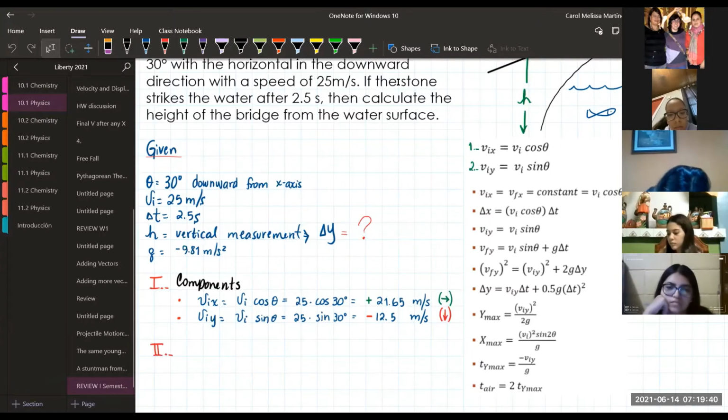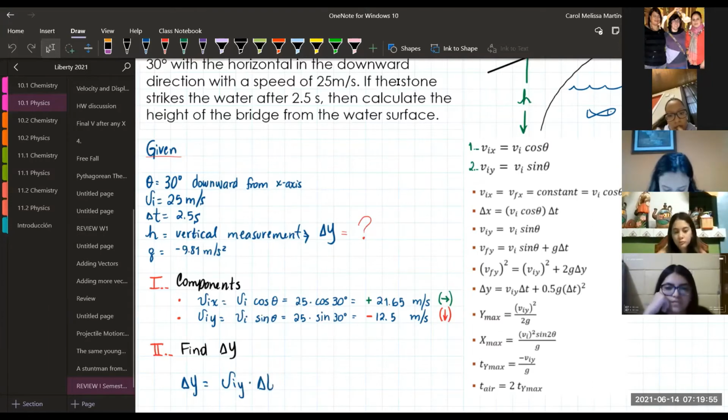So I'm going to find delta y, and the equation for delta y is delta y equals initial velocity in y times delta t plus 0.5 gravity times delta t raised to the second power.